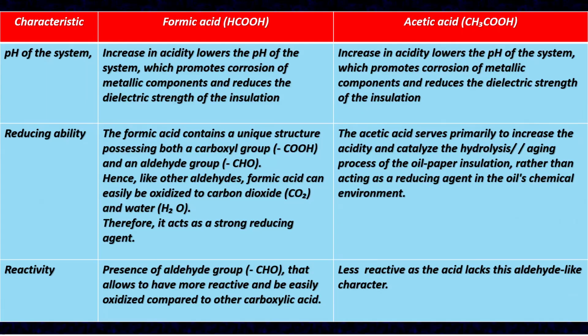Therefore, it acts as a strong reducing agent. Acetic acid serves primarily to increase the acidity and catalyze the hydrolysis or aging process of the oil paper insulation rather than acting as a reducing agent in the oil's chemical environment.